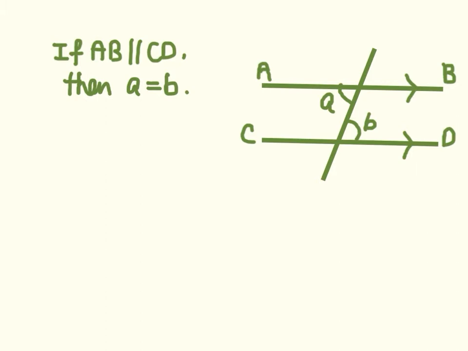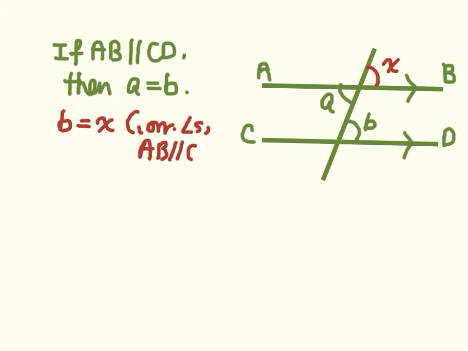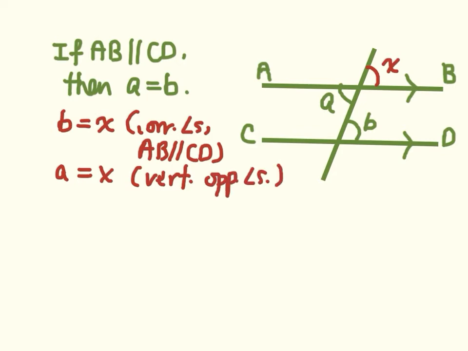To see why, we can add another angle, X, opposite to angle A. By corresponding angles, we know that B is equal to X. Also, A and X are equal by vertically opposite angles. As a result, A is equal to B.